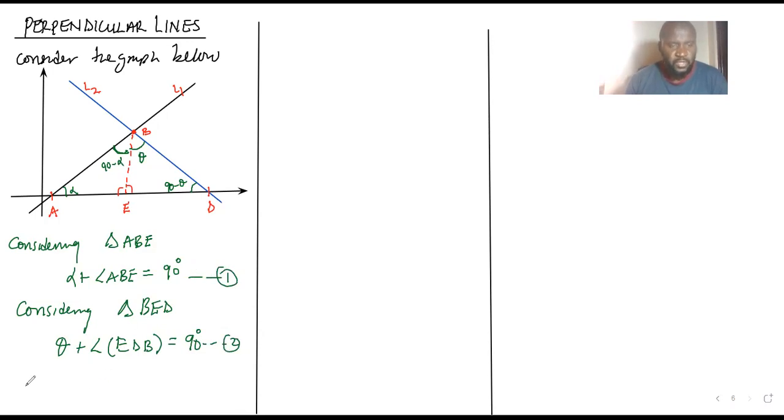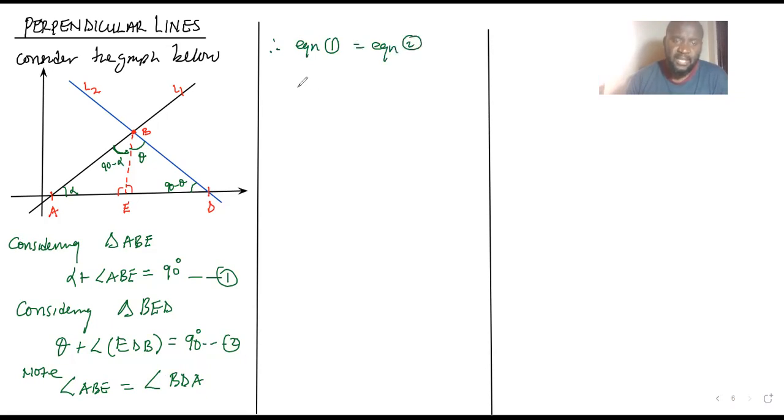So you should also note the following. You can note that angle ABE is equal to angle BDA. And what does that mean? It means that equation 1 is equal to equation 2.